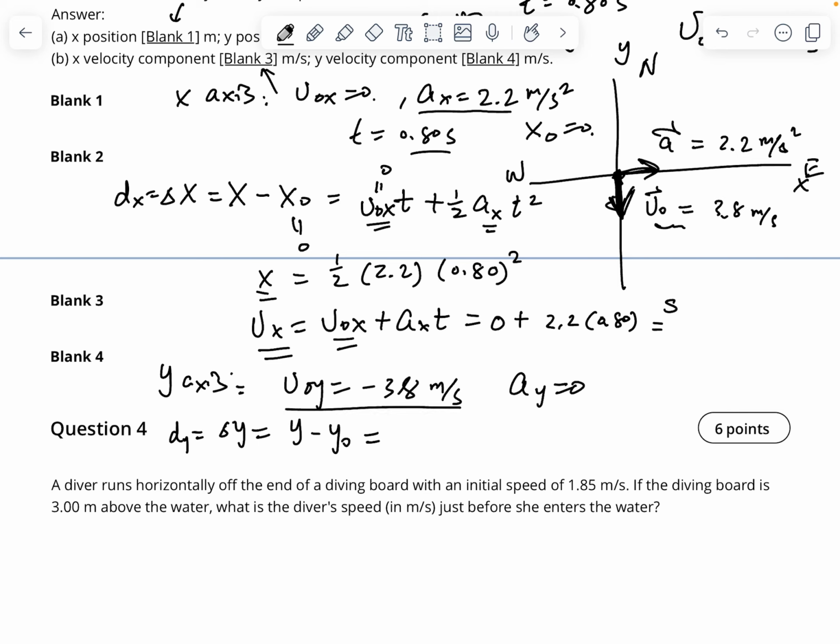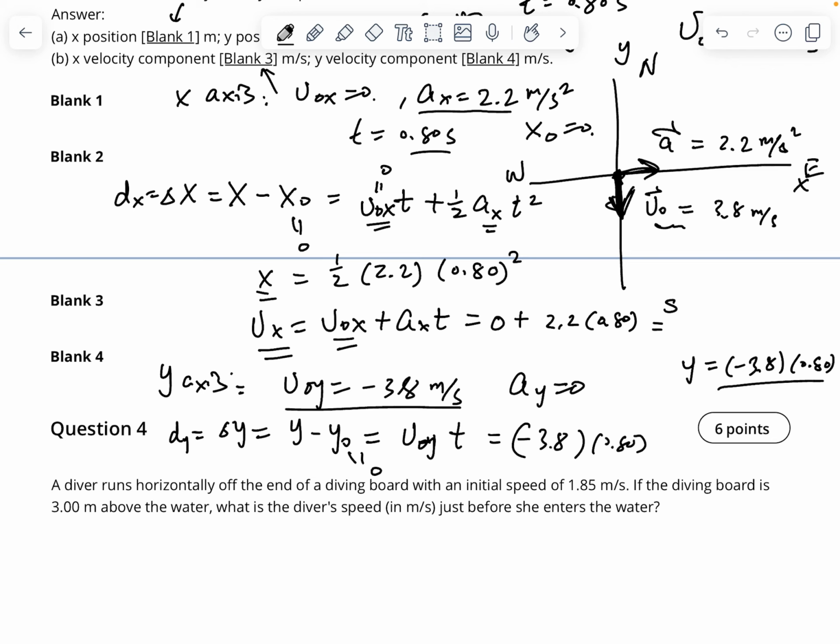So equal to v naught y times time, so negative 3.8 times time 0.80. And this is 0, so you can tell y equals negative 3.8 times 0.80, right?